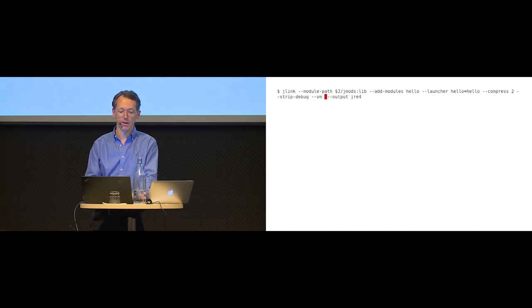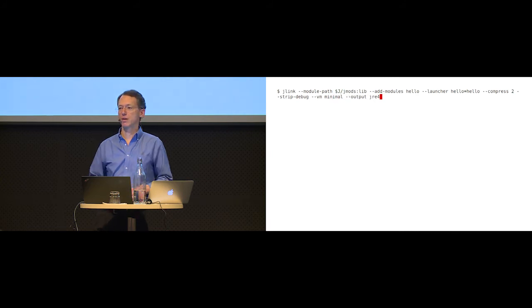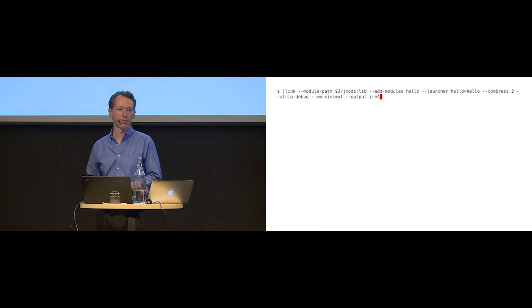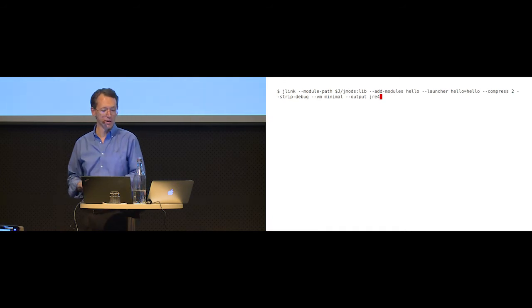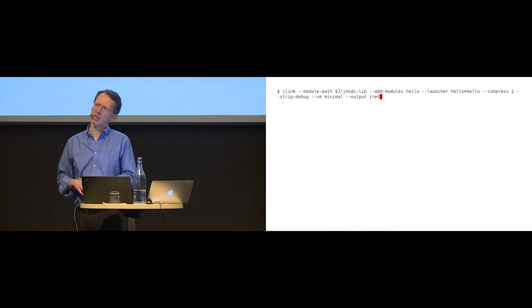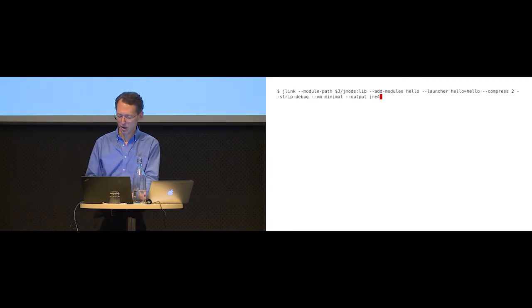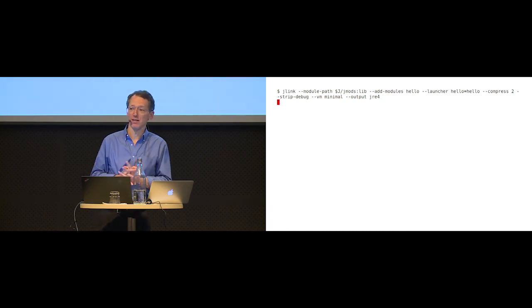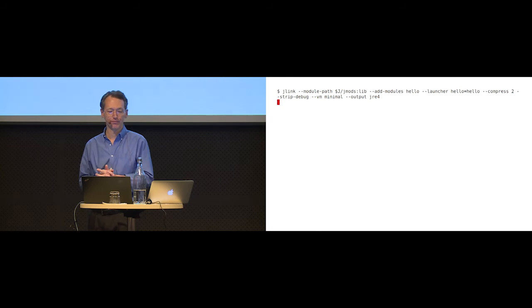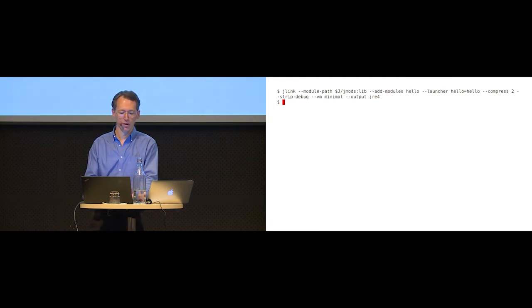And let's use a special VM called the minimal VM, which omits JVM-TI and other sorts of serviceability features in order to save some space. And I think it's only got one collector, and it only has C2, no tiered compilation. So we're going to make JRE4 here. Now this takes a while longer because it's doing a lot more work. I can look in JRE4. It's got the hello command. That still works.